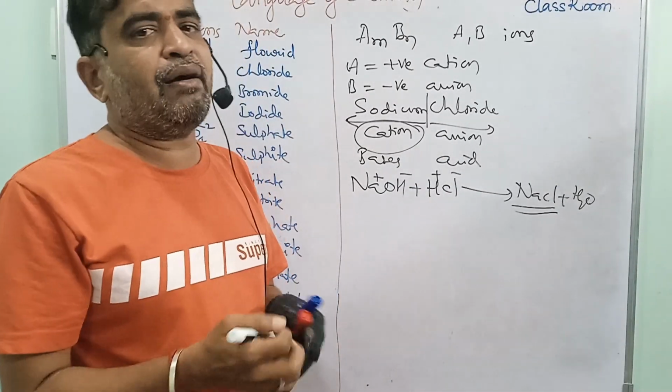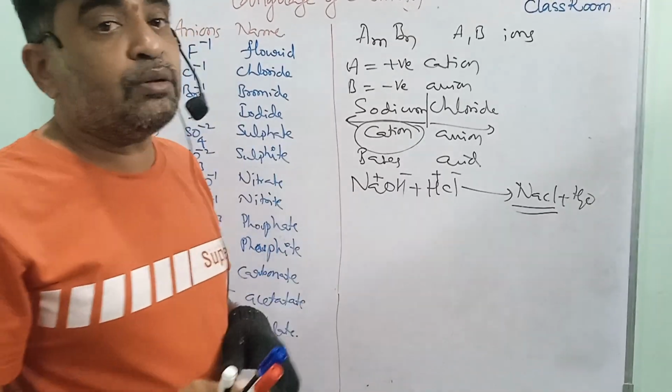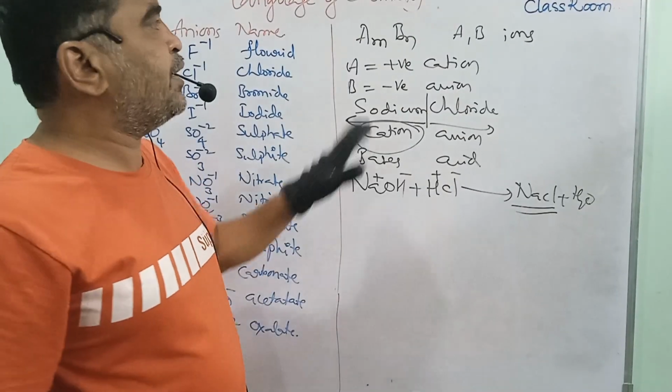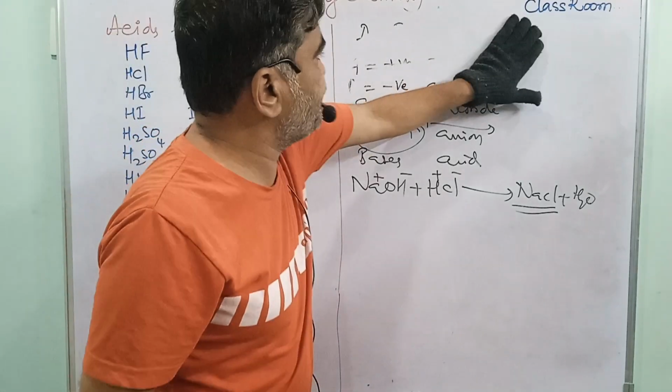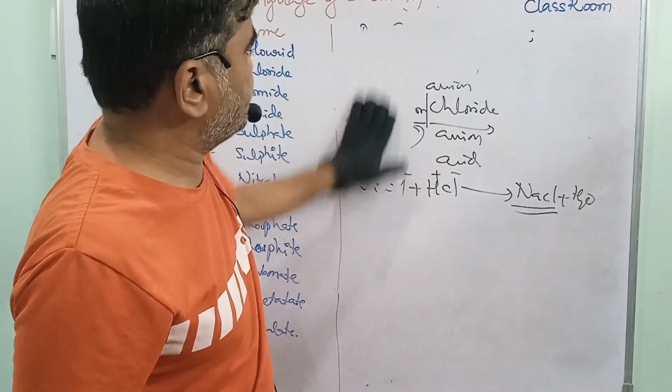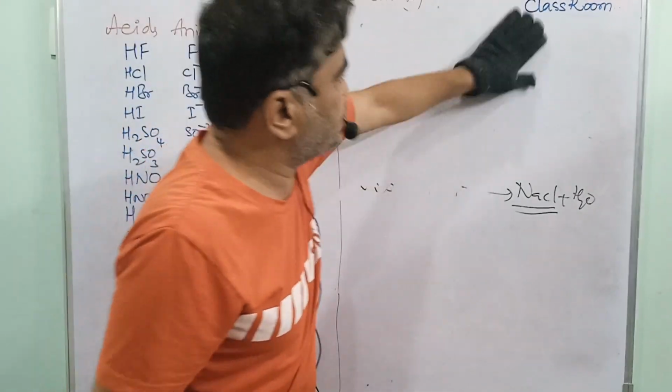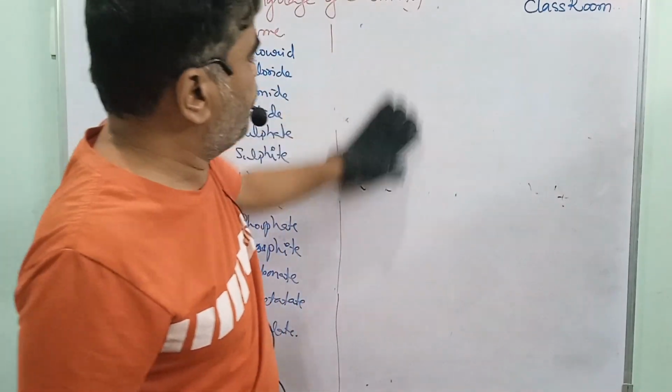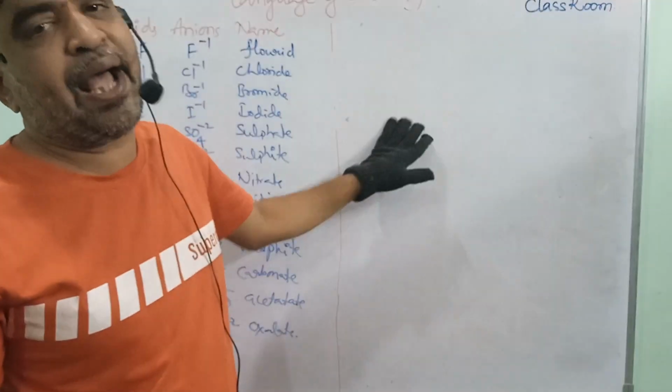Here we have some anions. Some acids are listed, and from the acids I am giving the anions.